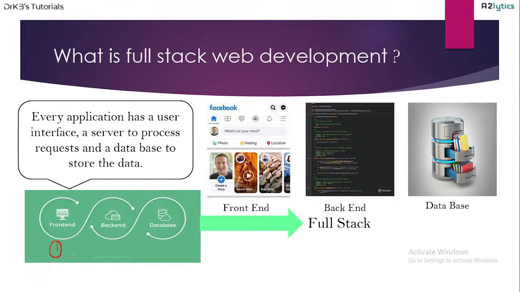Then backend, which is called the server side: the program which receives the user request from the browser and processes it, and after processing, sends the result back to the front end or the browser. One more part, the third part, is the database, where data is stored.